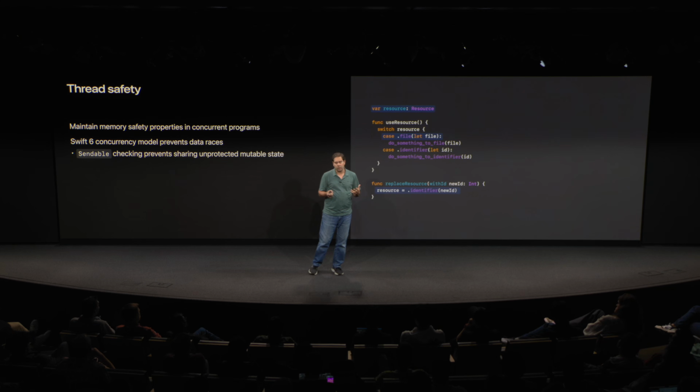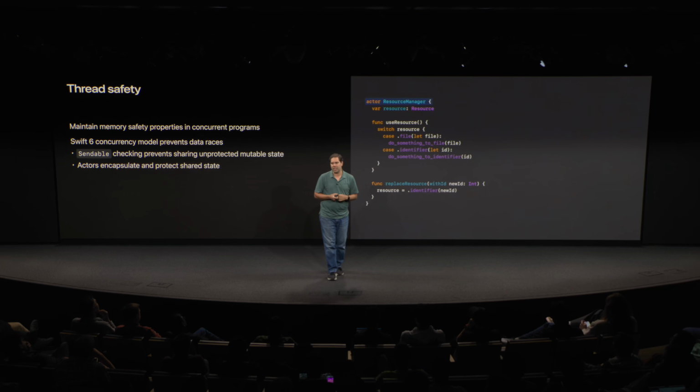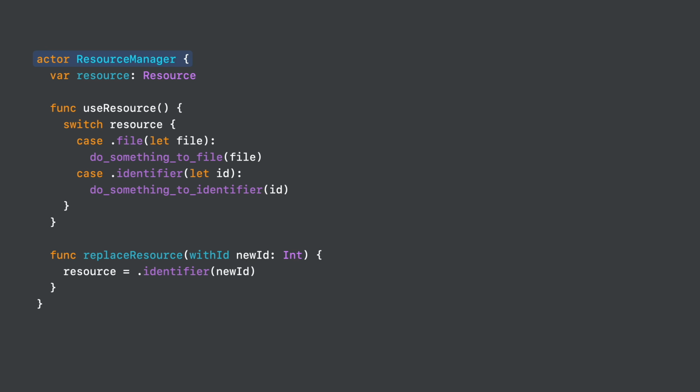Now, along with that, Swift provides safe ways to deal with concurrency that don't introduce data races. At the high level, one of these is actors. So actors are types that encapsulate their state and protect it from concurrent modification. The resource variable here now is part of the actor's state.